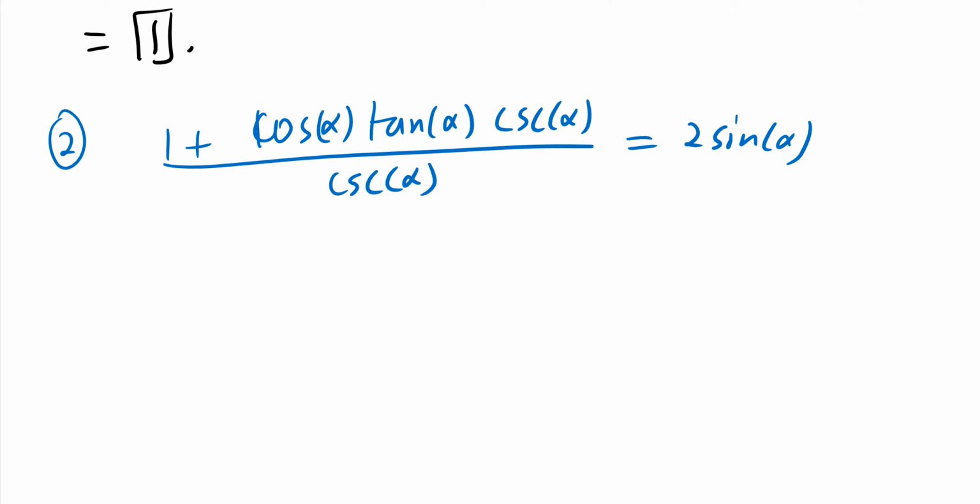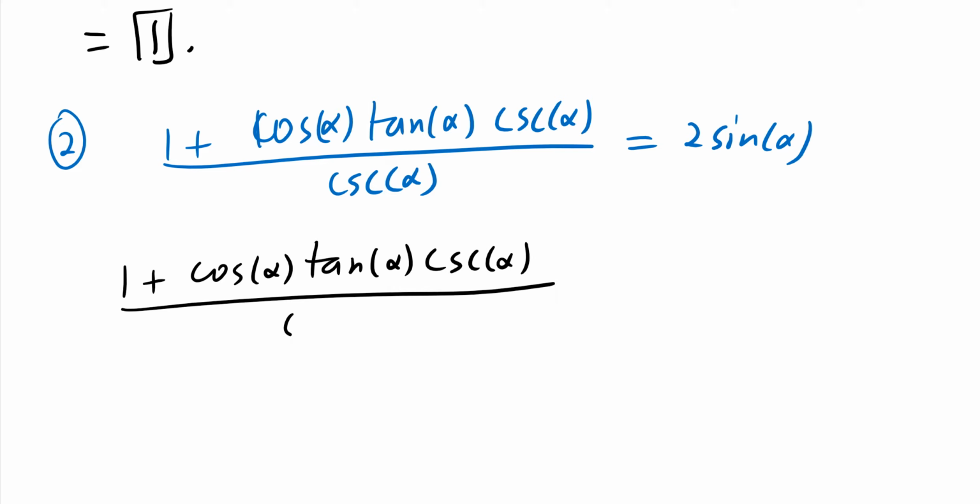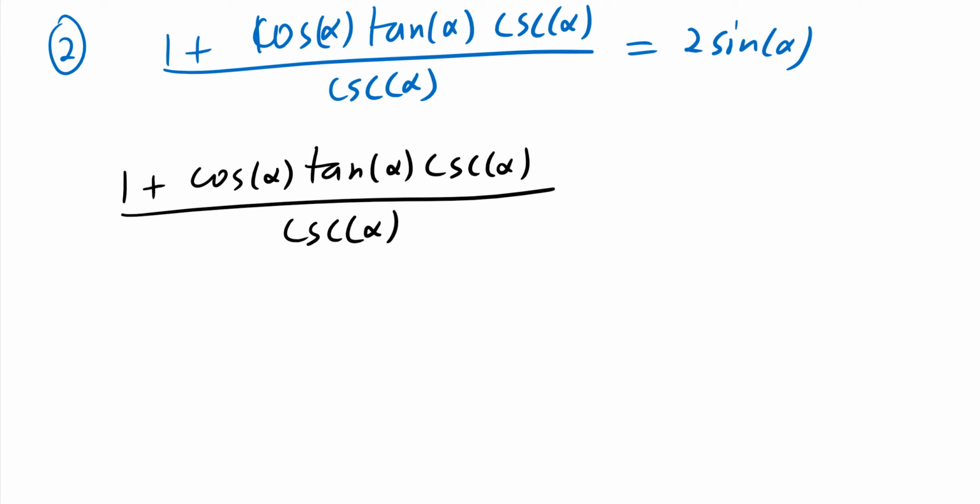So how do you do this? I'm going to start with the left side. Most of the time, the first thing I will do is write down the side I want to work with. I can't expand, I can't factor, I can't combine fractions. And so look at the answer, it has only sine in it. So I keep an eye on the answer.